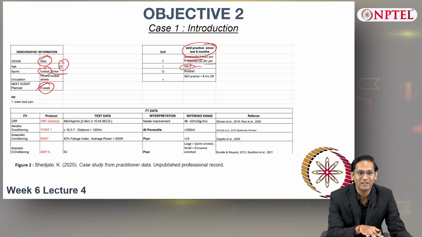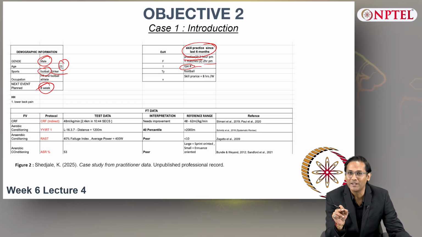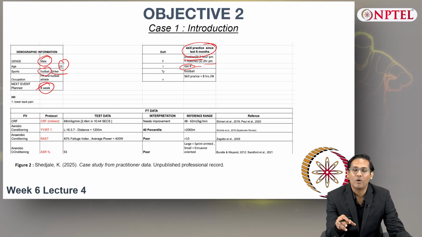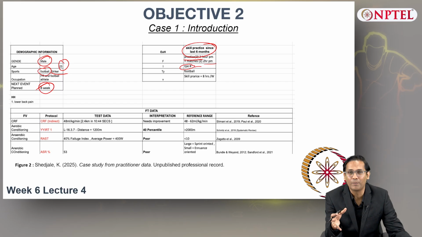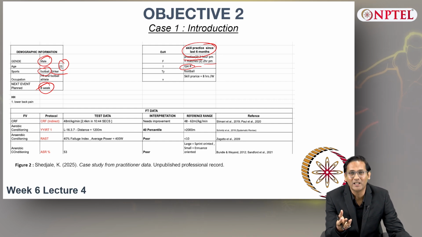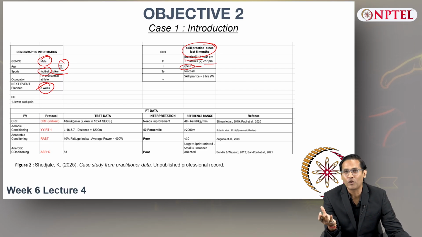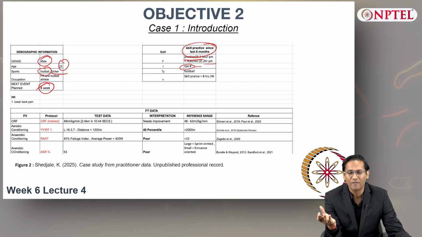So within the context of the fitness variable, your role over here is to identify which conditioning is weak, aerobic or anaerobic. You may also think about the foundation of aerobic and anaerobic, that is the aerobic capacity. Is that weak? If that is the case, you may have to start by developing the aerobic capacity first before developing much more advanced and demanding fitness variable like conditioning.